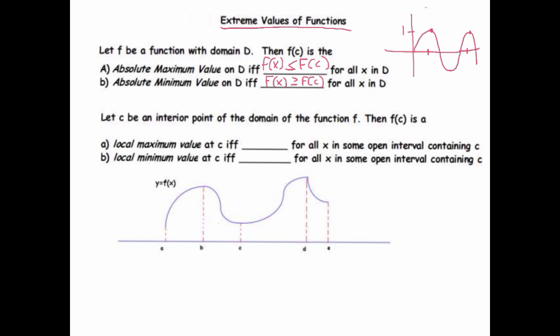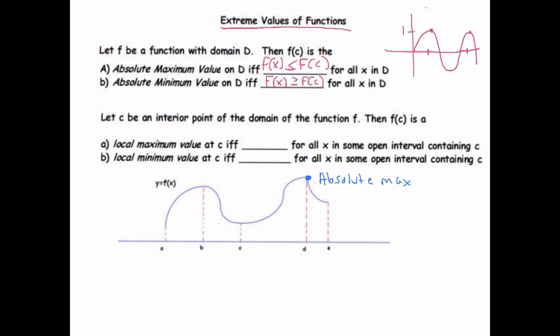Okay, so I have a graph here. We can use it to locate where we would find absolute maxes and mins visually. So it looks like we have an absolute max here at D for y equals f of x, because f of D is bigger than or equal to f of x for all x in that domain. So I'm going to say that's an absolute max.